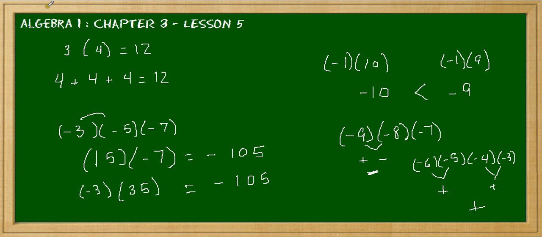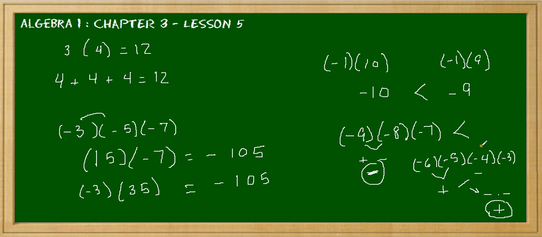Or I could take the long way and keep multiplying across: a negative and a negative is a positive, then multiplying by a negative yields a negative, then multiplying by another negative, my answer would have been positive. Now, knowing that this answer is positive and this answer is negative, without knowing what the numbers are, I already know that this is going to be less than.